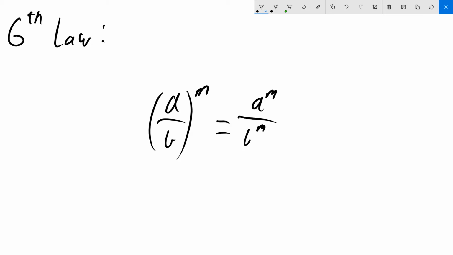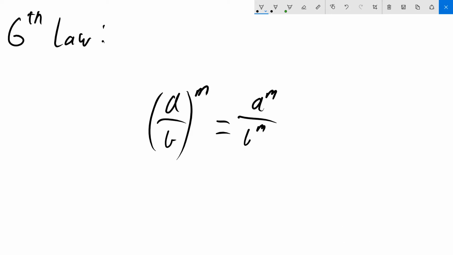The reason I don't think this is a law is because whatever you do to the top, you must do to the bottom to make it the same number, right? By putting it in brackets, all you've done is say that fraction there to the power of m.